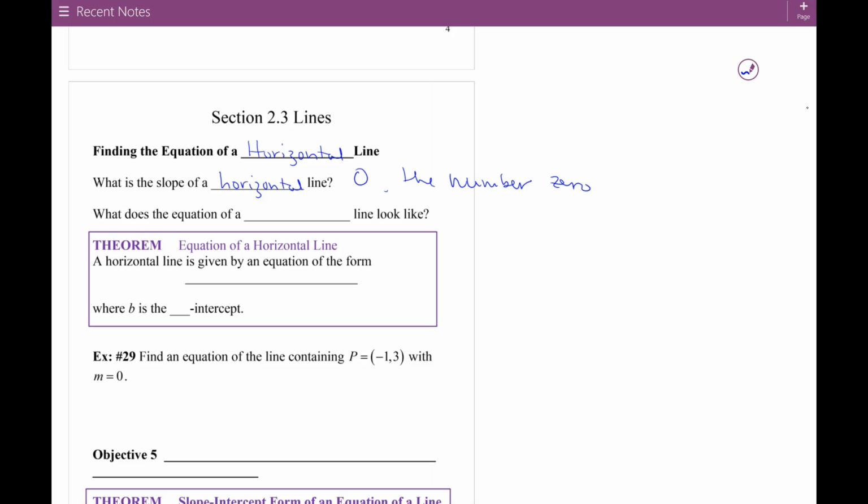And it helps me to remember that horizontal line has a slope of 0. So what does the equation of a horizontal line look like? Well, it's always going to look like y equals some number b, where b is the y-intercept. And again, we'll do an example together.